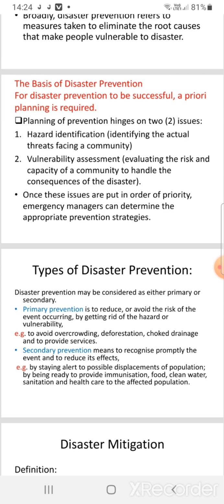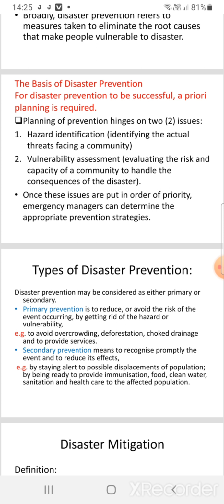Now, the planning of prevention of disasters hinges on two things. First is hazard identification. First and foremost, priority should be given to identifying the actual threats facing a community, which is followed by vulnerability assessment.